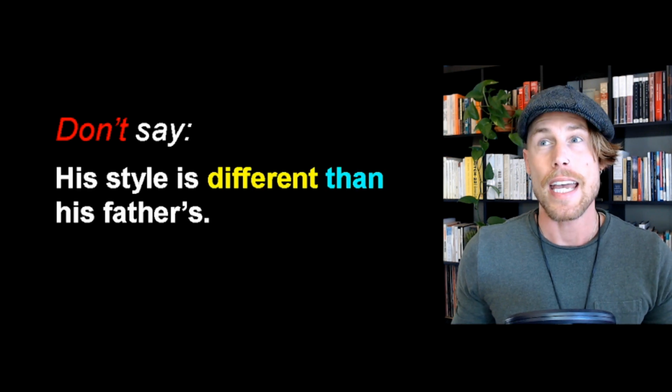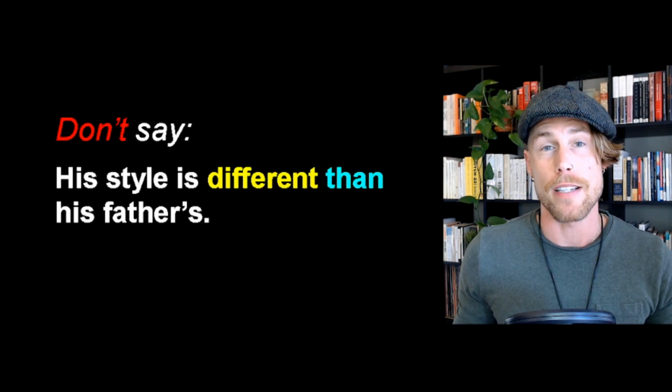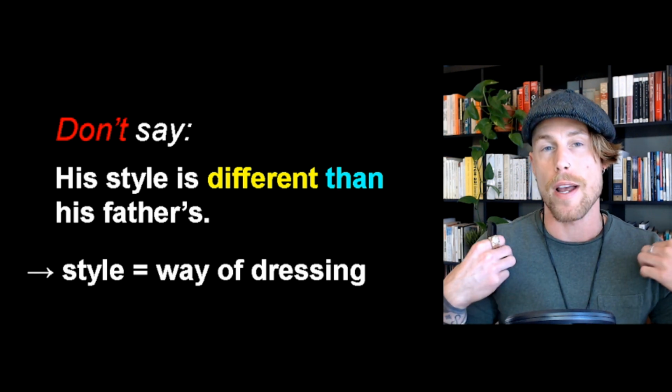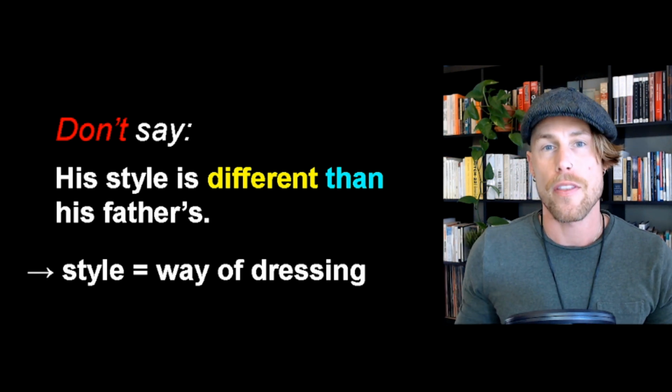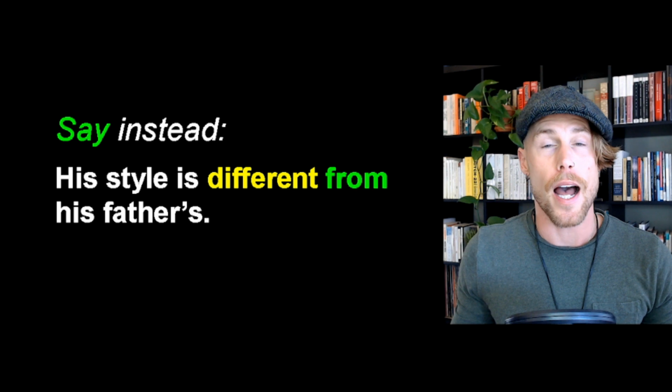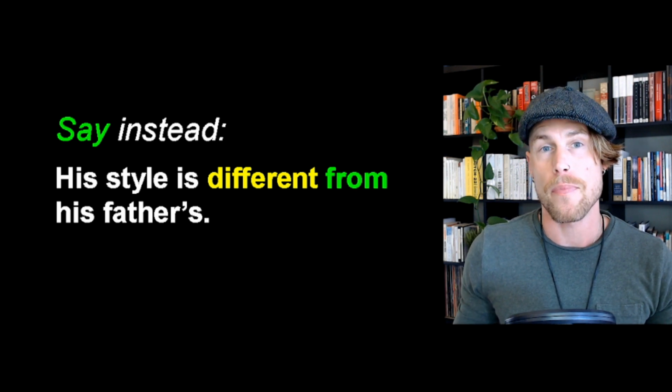Let's look at some examples. Don't say, his style is different than his father's. Style means way of dressing, clothes, things like that, shoes. Say instead, his style is different from his father's. Why?